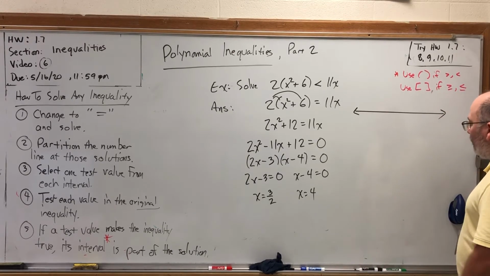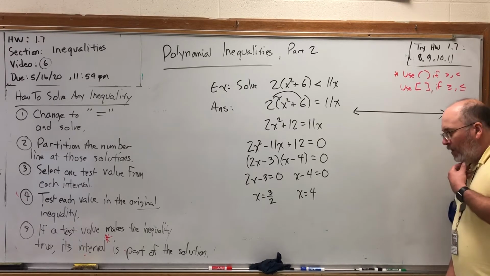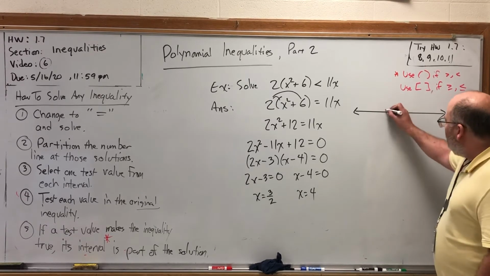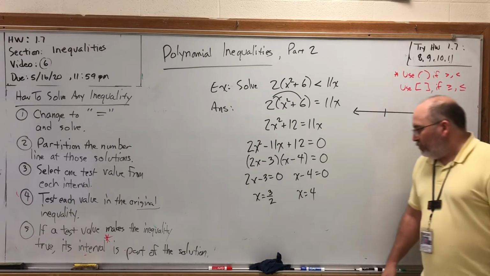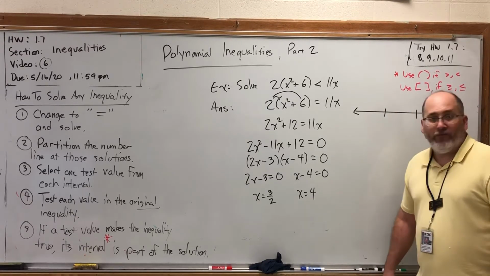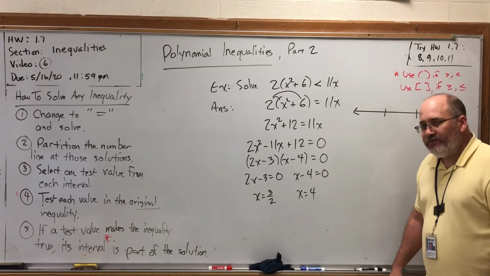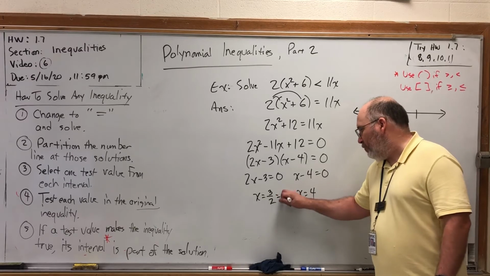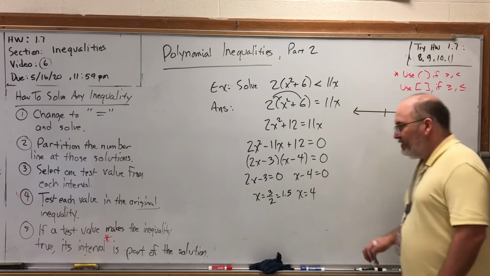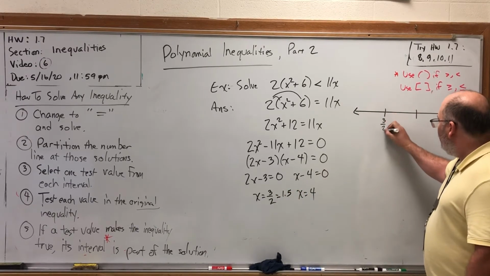So in this case, we're going to partition the number line. But we have a small obstacle to overcome. We have 2 values at which to partition, but we got to make sure they're in the correct order. So which number should go to the left, 3/2 or 4? Which number is less? Well, for comparison purposes, it's easier to think of 3/2 as 1.5, which is clearly less than 4. So 3/2 and 4.